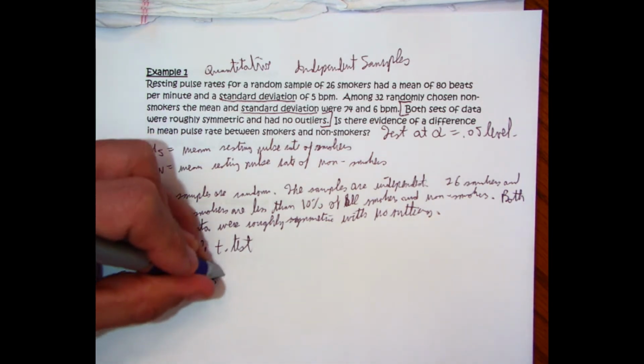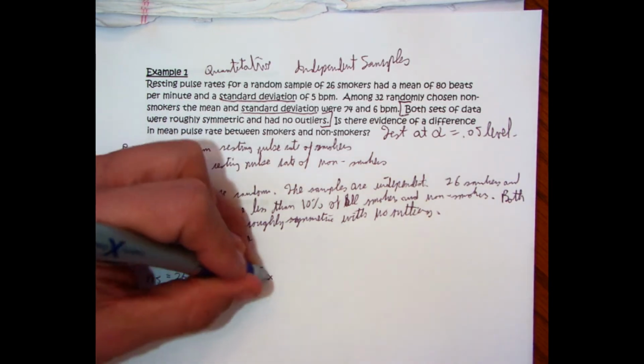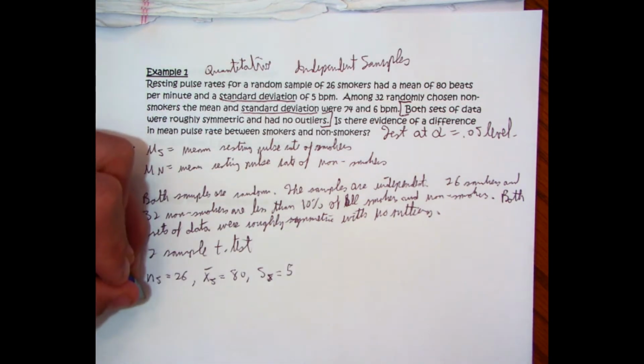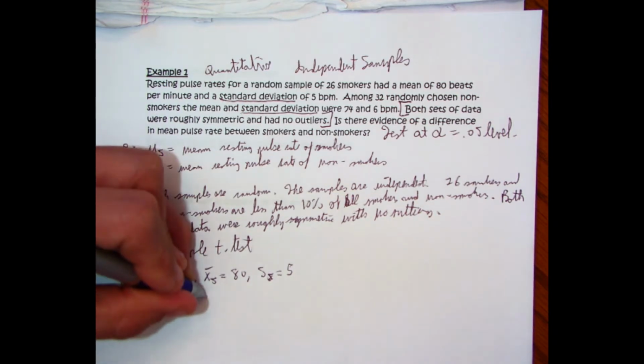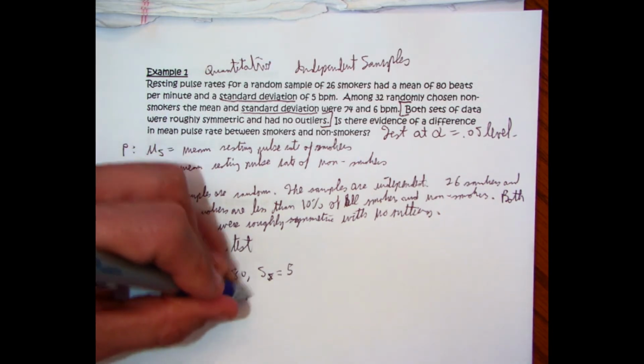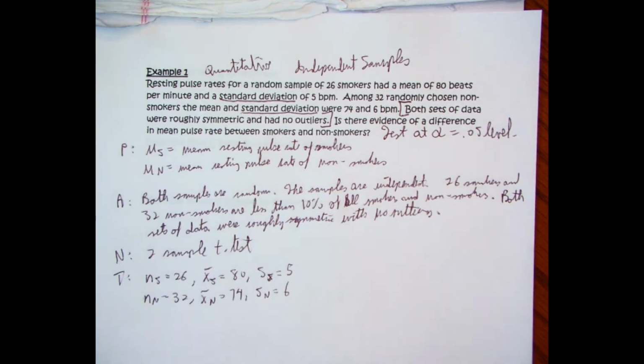The x bar for smokers is 80, and the standard deviation for smokers is 5. For non-smokers, n sub n is 32, x bar for n is 74, and the standard deviation for non-smokers is 6.